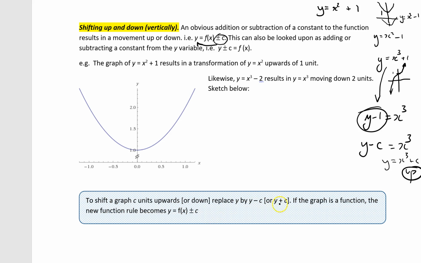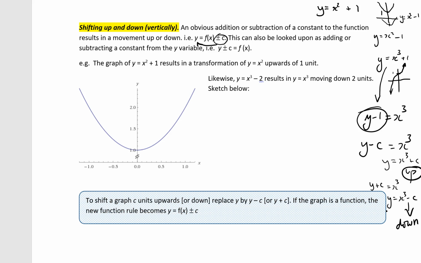Adding on c will actually push the graph down, because while we are impacting on the y with y plus c is equal to, for example, x cubed or some function, when it comes to graphing, we like to graph with y the subject: x cubed minus the c, minus the constant, which we know will force our sketch down. So impacting on the y pushes the graph up or down.